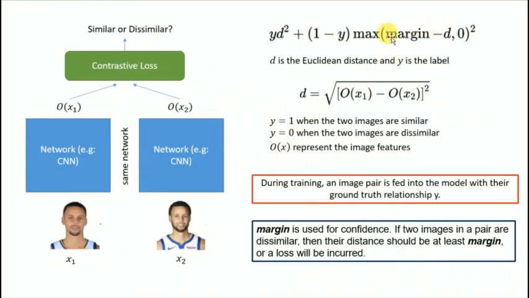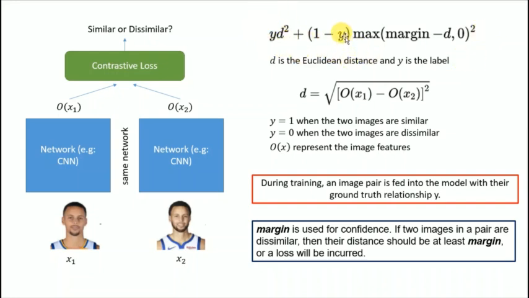So let's look at the first case, where the images are similar and we have positive pairs. The label is 1, so y equals 1. Let's substitute y with 1 and see what happens. When you substitute y equals 1 in this equation, you'll basically only get this term.